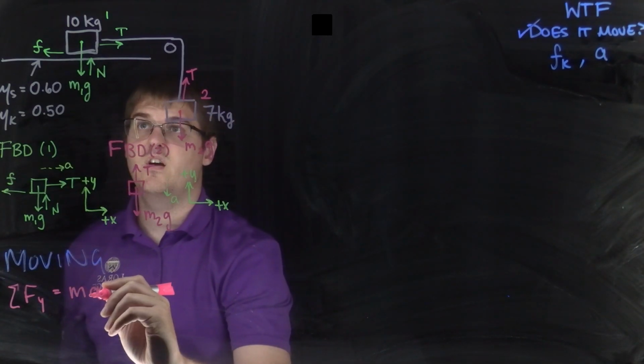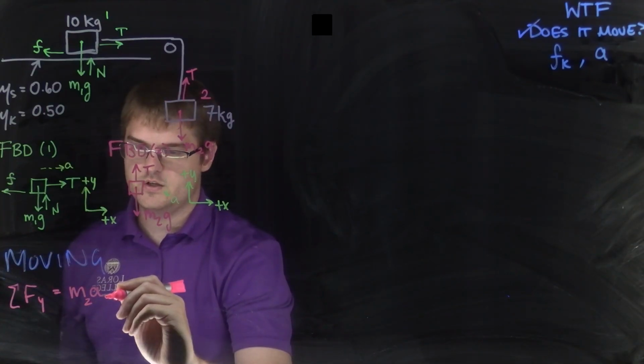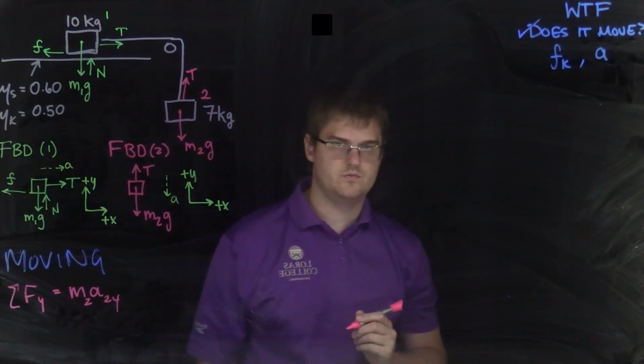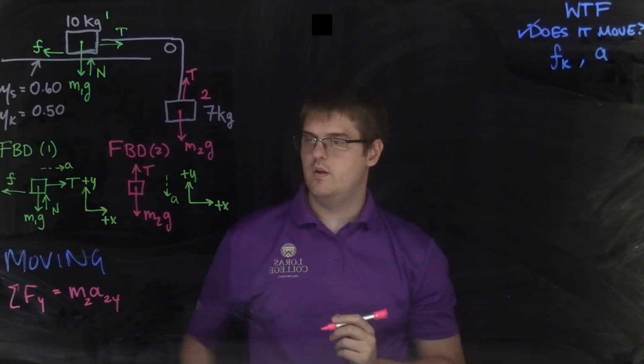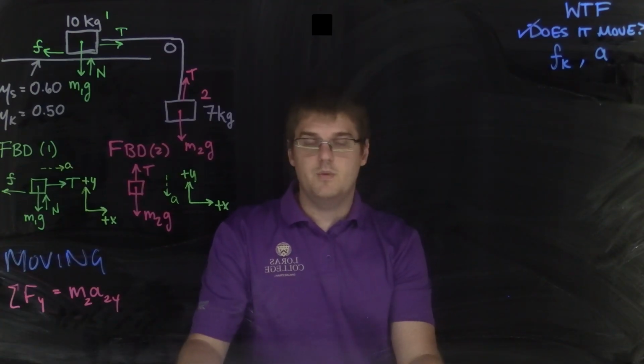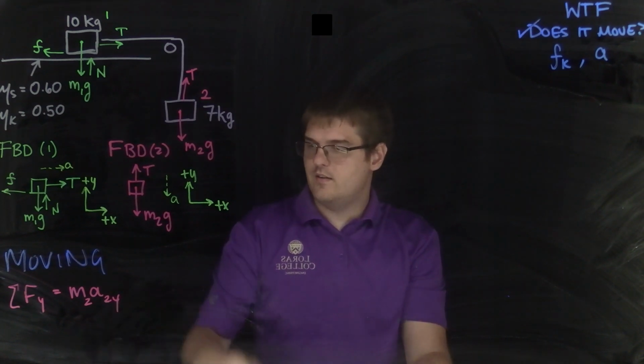This is the mass of block 2. This is the acceleration of block 2 in the y direction. Acceleration of block 2 in the y direction is no longer equal to 0 because we are moving, we are accelerating. So this guy doesn't go away.